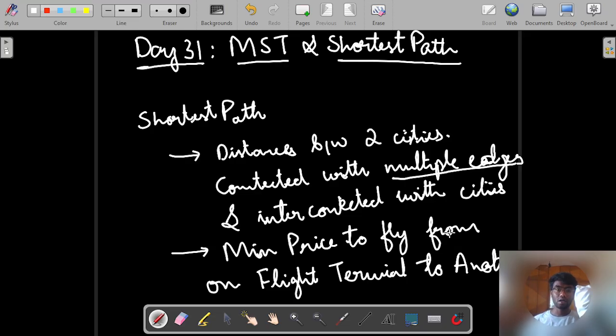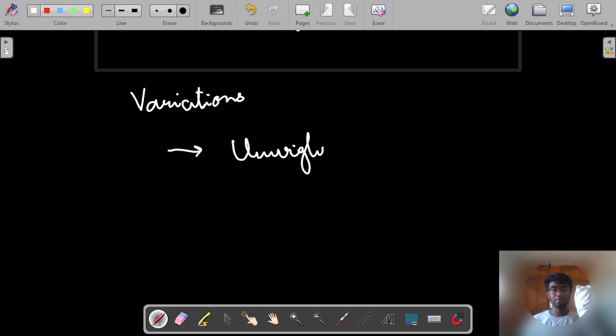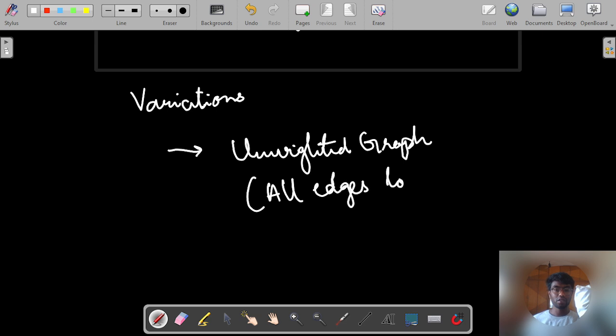So yeah, let's start thinking on the variations that we have in shortest path algorithm. So we can have an unweighted graph. In this case, we can simply assume all edges to be value 1.